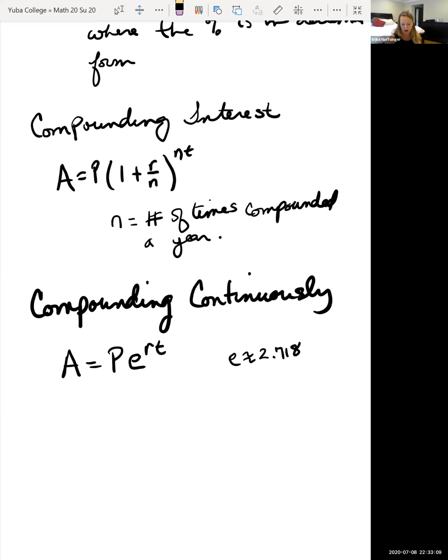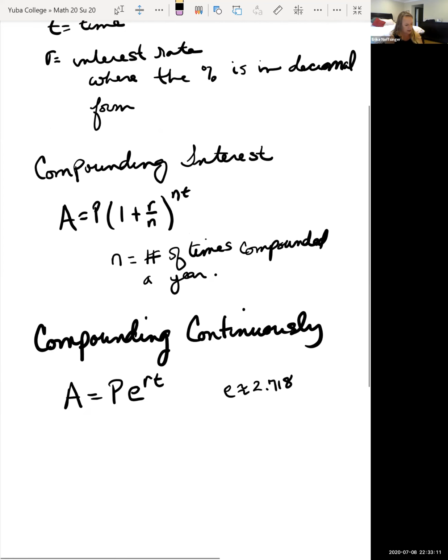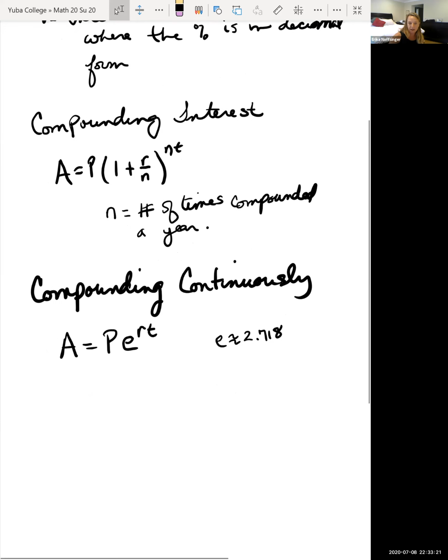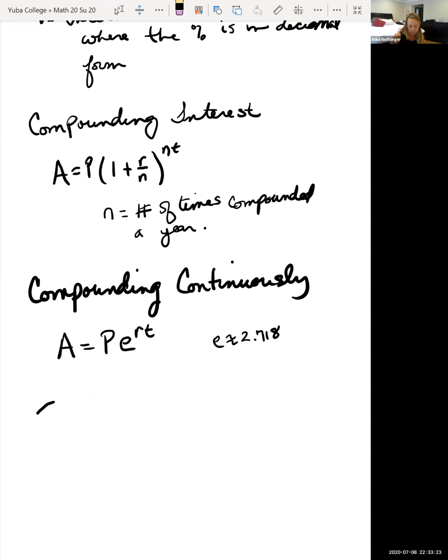The other part, which is the next section, I'm just going to go through and give you the formulas. It's basically the same thing that we have here. It's exponential growth and decay. These are exponential functions.